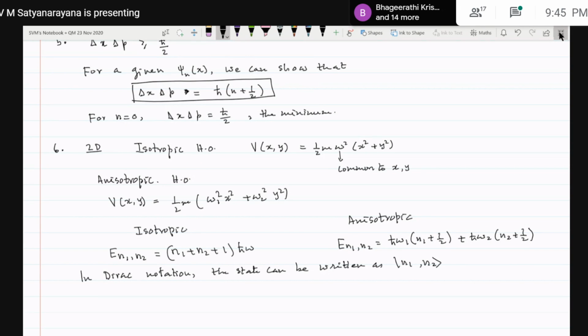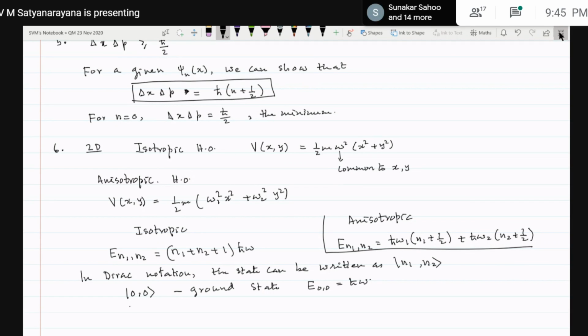So if I have, let's say, 0 0, that is the ground state. I'm talking about the isotropic harmonic oscillator. So 0 0 is the ground state, and the energy E0,0 is h bar omega.